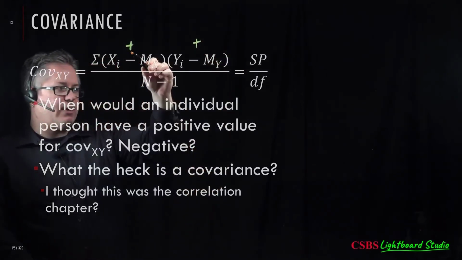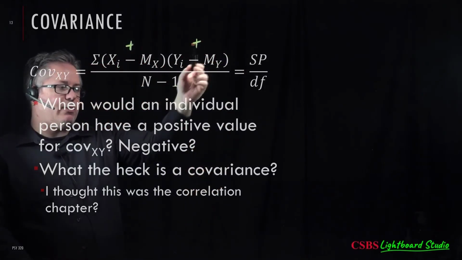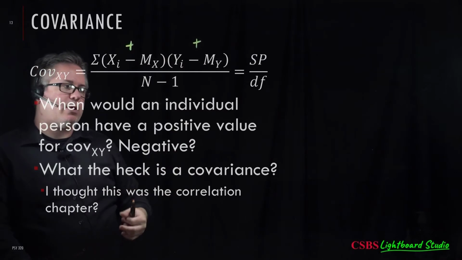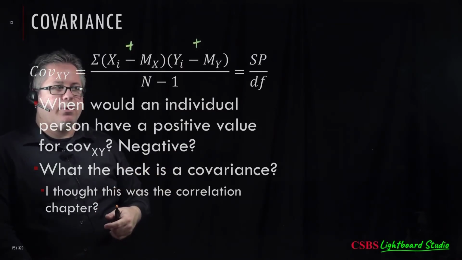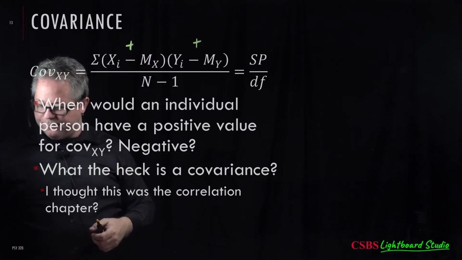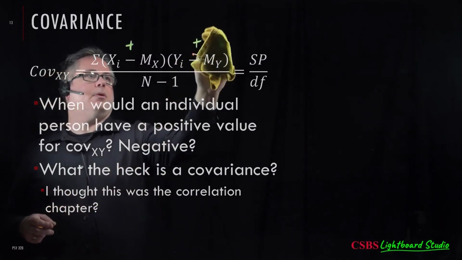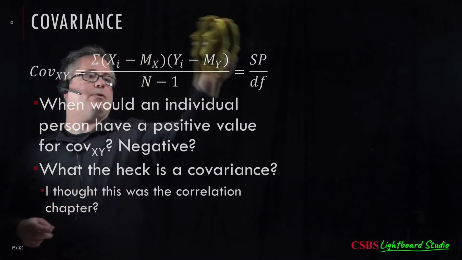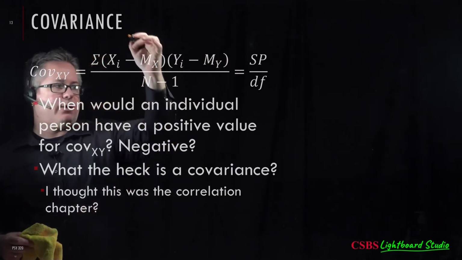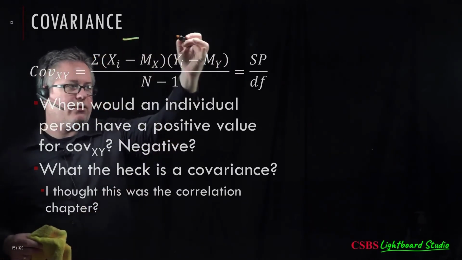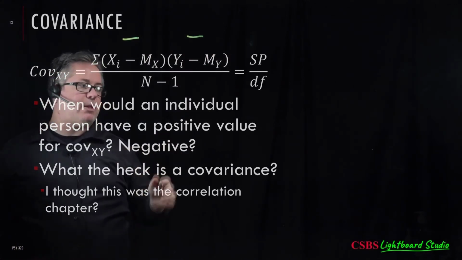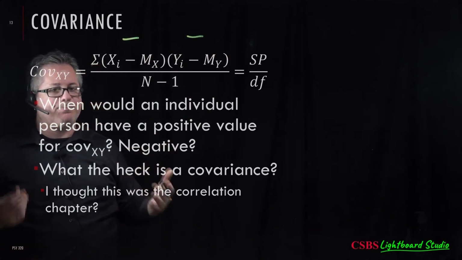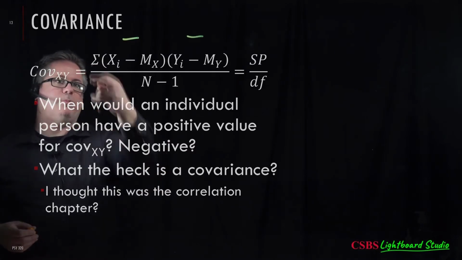So a positive times a positive would mean that I would contribute a positive number to that sum of products. But it also would work if I had a negative number here and also a negative number there. As long as they're both negatives, when I multiply them, it becomes a positive, and I would still contribute positively.